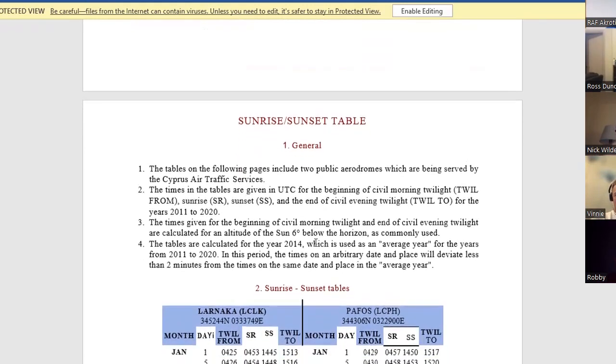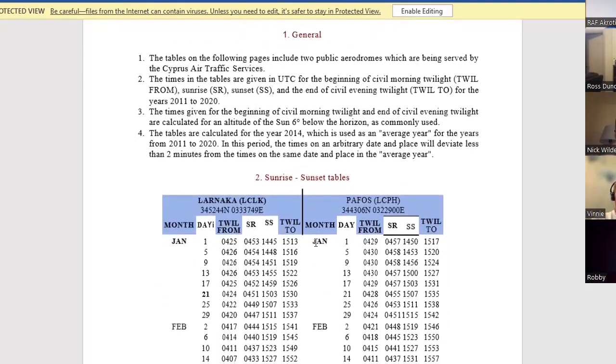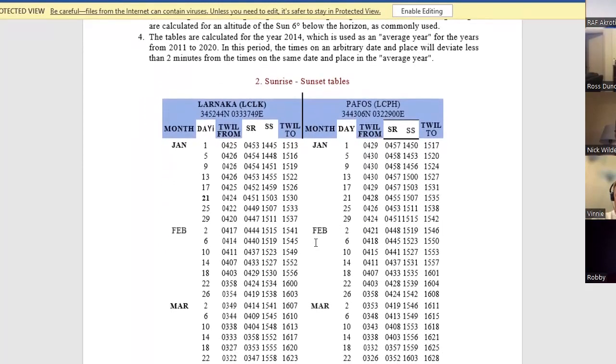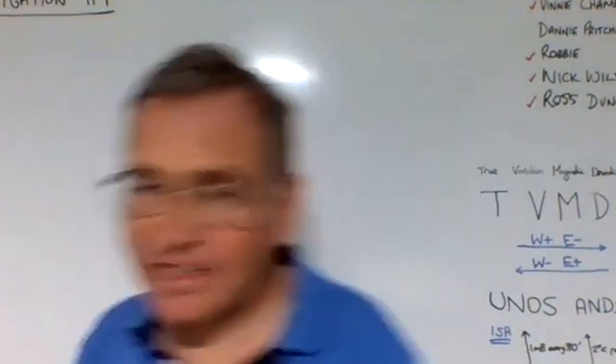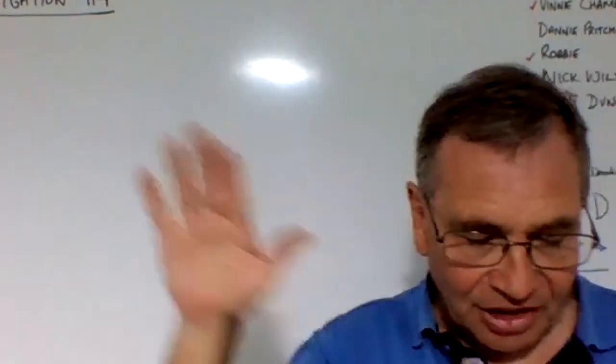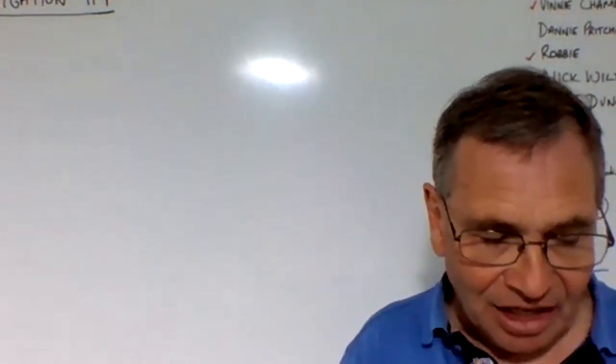That's basically the difference between night and day. You'll see that they give you the exact hours that are defined as night and day. And you normally find that you've got a chart like this for most countries. You can find out what night and day is based on these angles of the sun relative to the horizon.